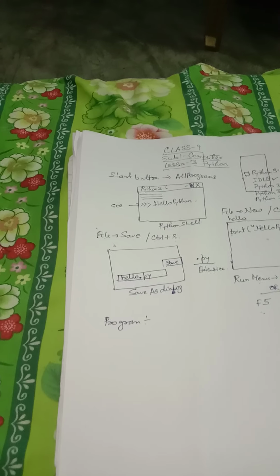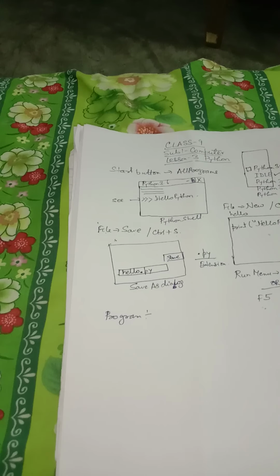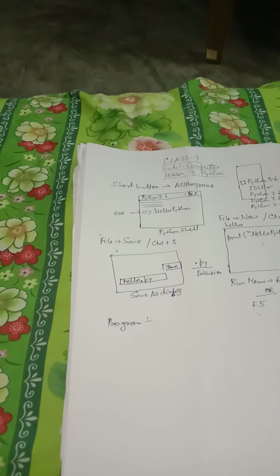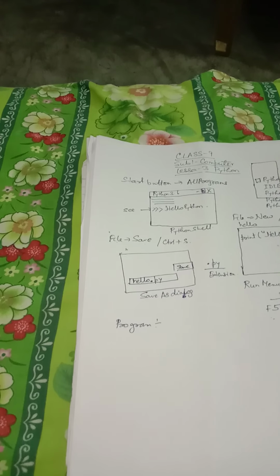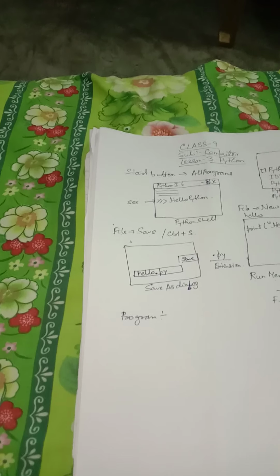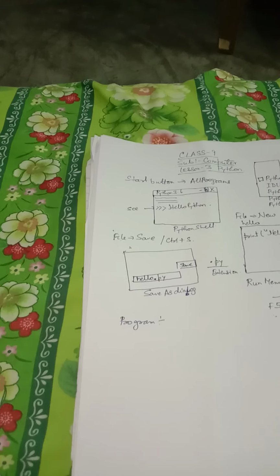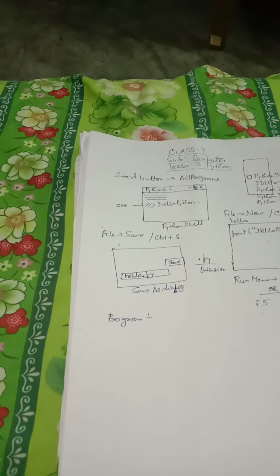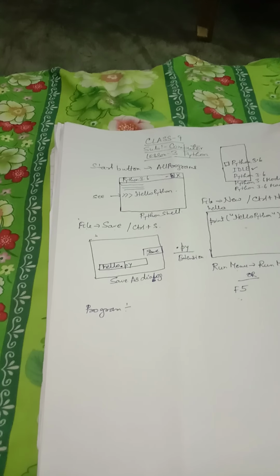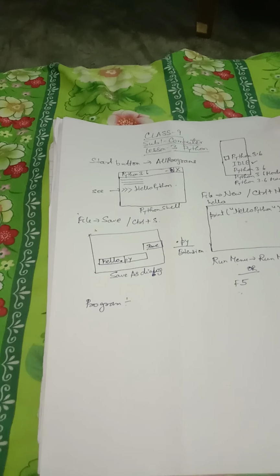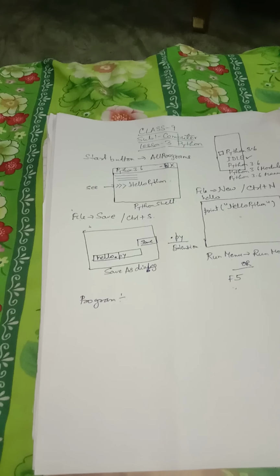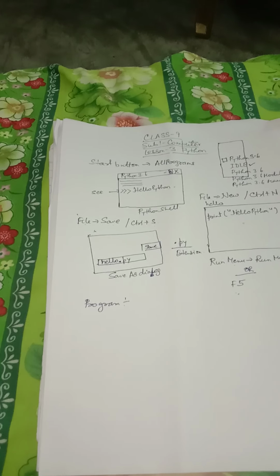The statements written in the program are interpreted and executed by the Python interpreter. Whenever we want to give instructions, we write a program, and a set of programs is known as software.